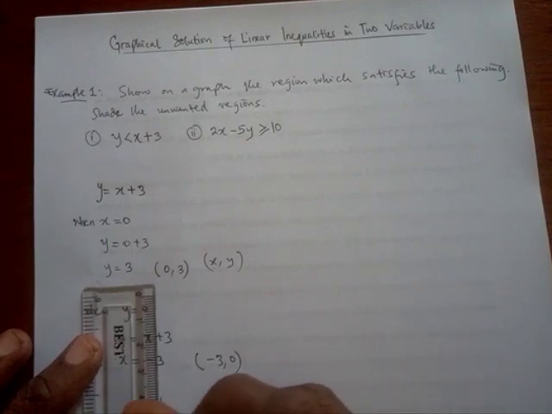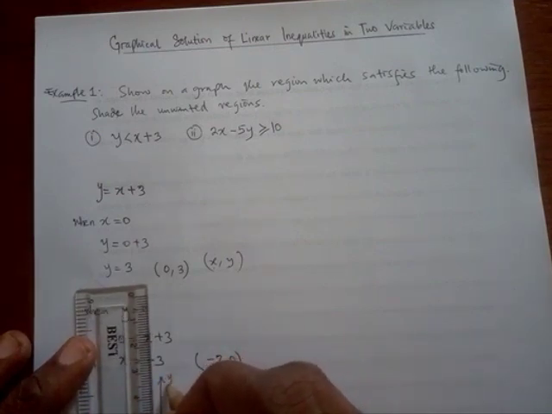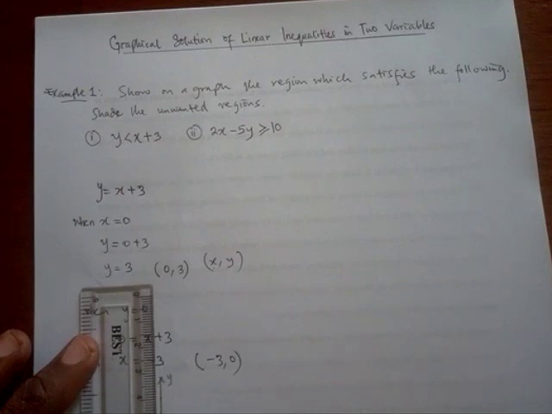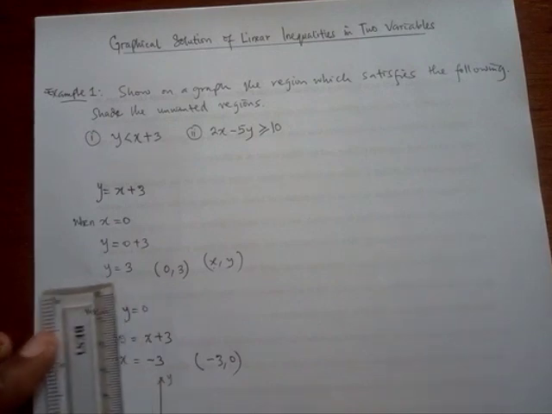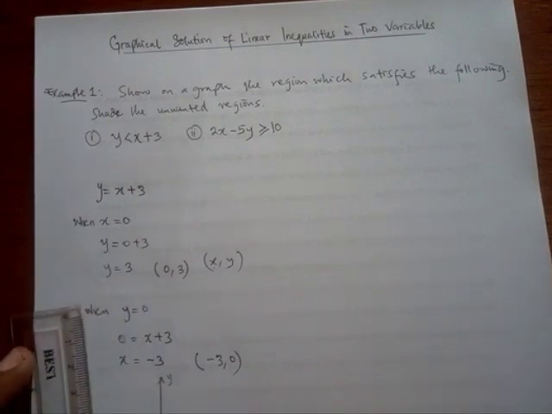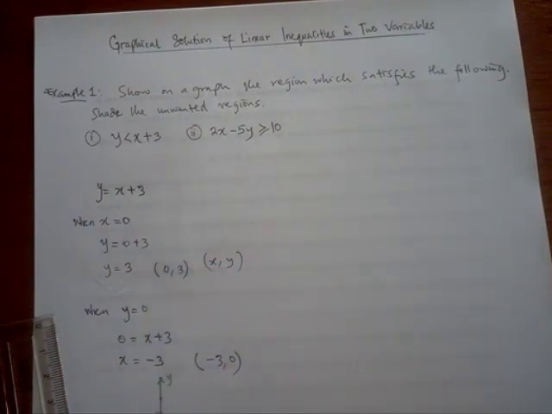Let's call this y. Let's call this x. Minus 1, minus 2, minus 3. So this is when x is 0, y is 3. 1, 2, 3. When x is minus 3, y is 0. X is minus 3, minus 1, minus 2, minus 3.